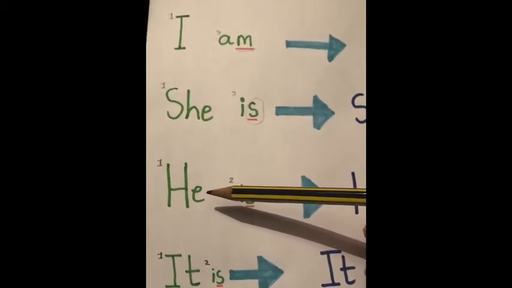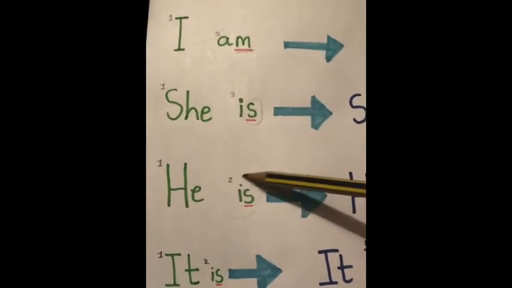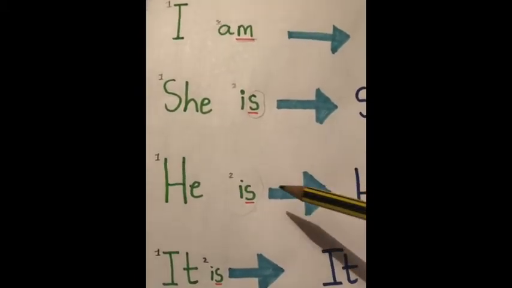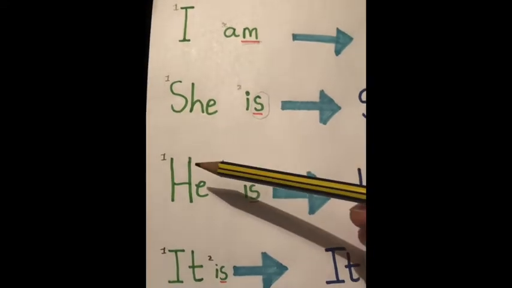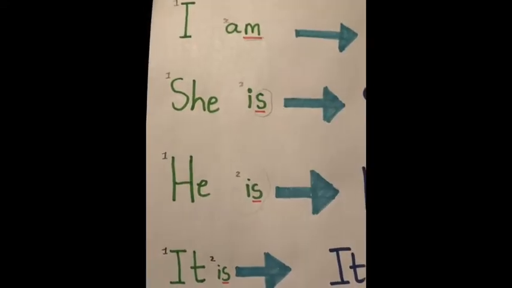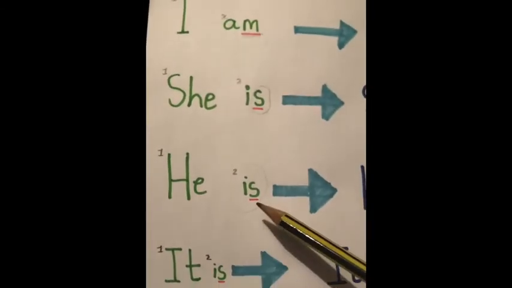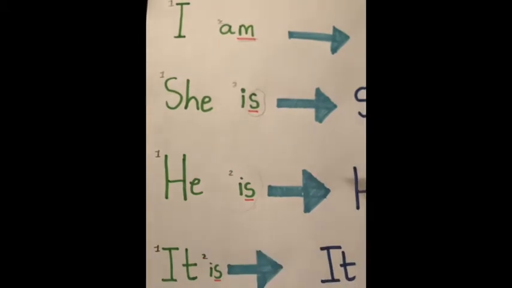So what do we use? We said is, okay? We use the helping verb is, because we are talking about one person, okay? One, only one. So how do we make he is a contraction, okay?